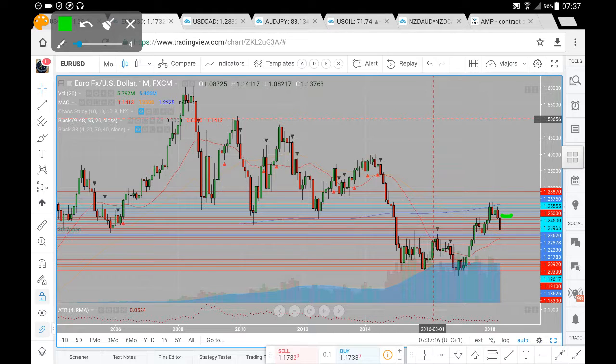So we do seem poised to go down to our previous swing lows in around the 116s here on euro dollar, from which we could see a bullish bounce, potentially form a head and shoulders pattern and see further sell side momentum.